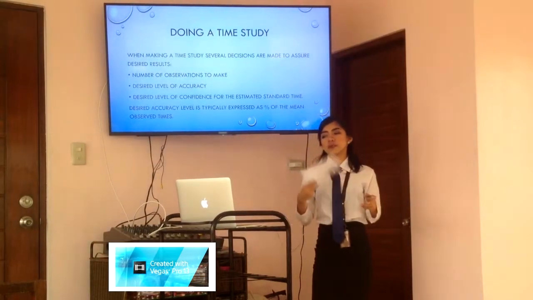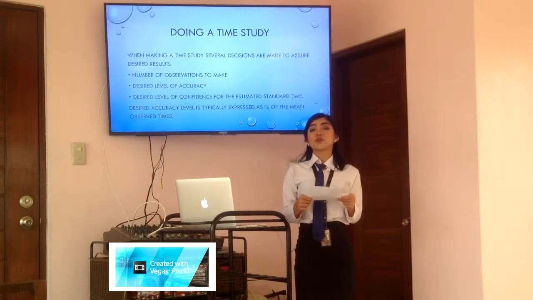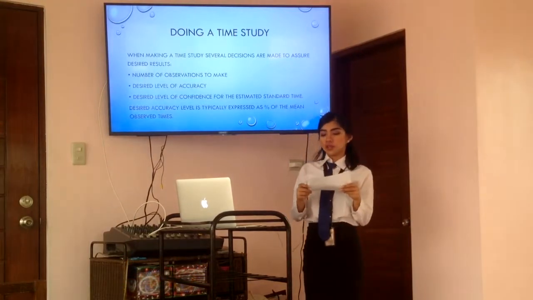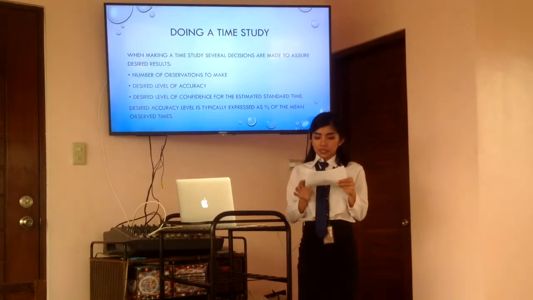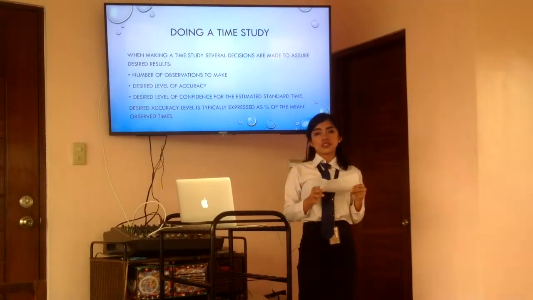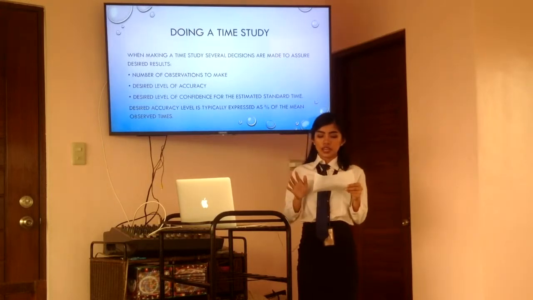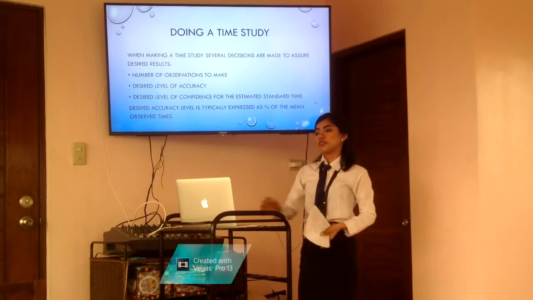Desired accuracy level is typically expressed as a percent of the mean observed times. To compute the number of observations needed, we begin by making a small number of observations so that we can determine the sample mean and the standard deviation. We also need to know the appropriate value of Z to use because it determines our confidence level.